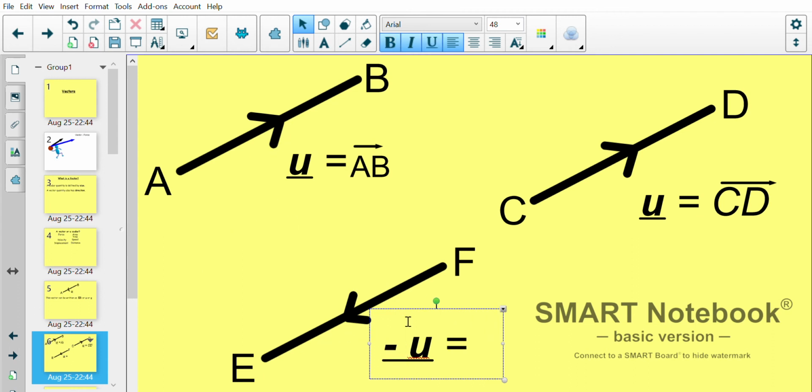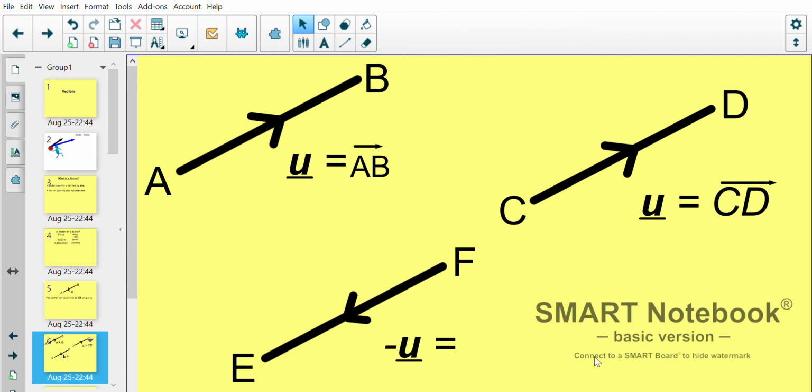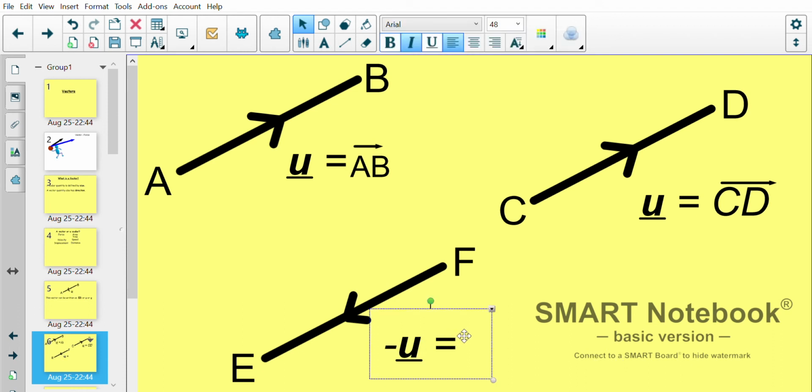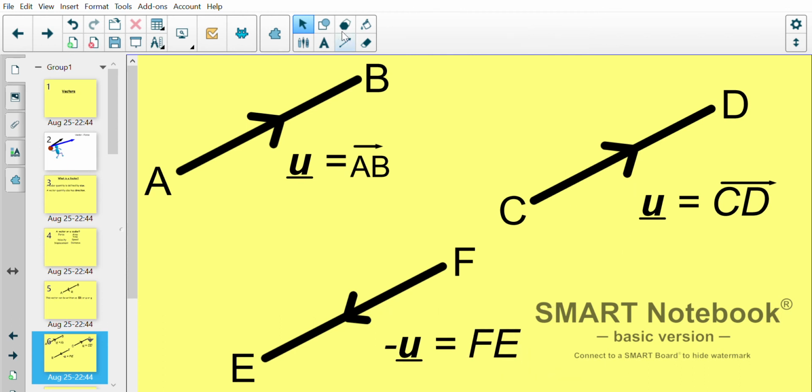This is negative U. And that negative in front just means it's going the opposite direction. If you reflected it in a mirror, that would be it. And we're naming this vector, so where do we start? We started at F, we went to E, and it is a vector, so we put our little vector hat on it.